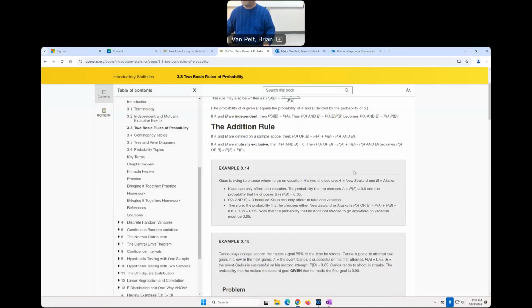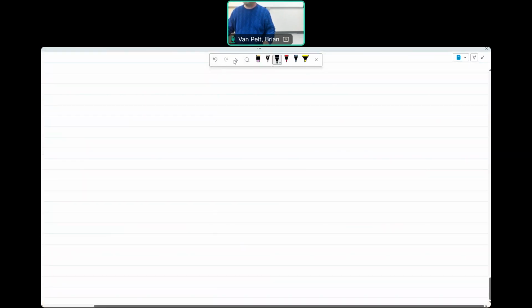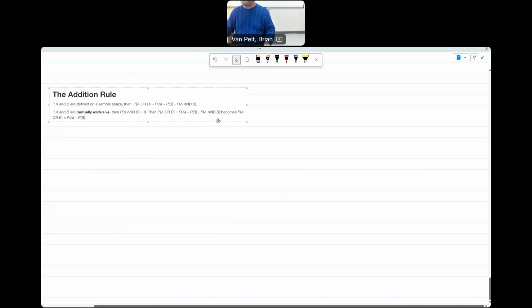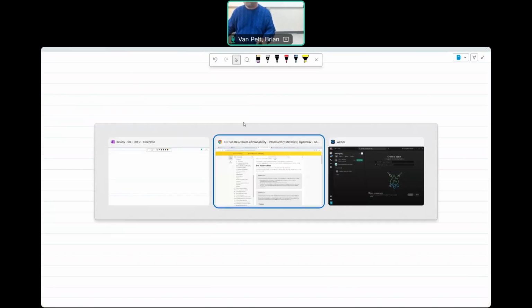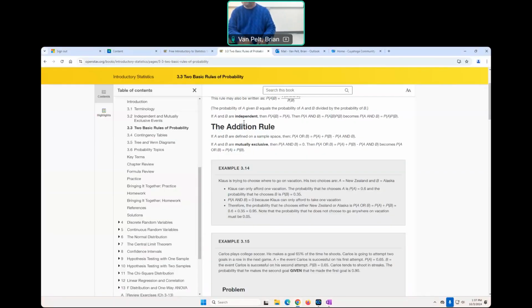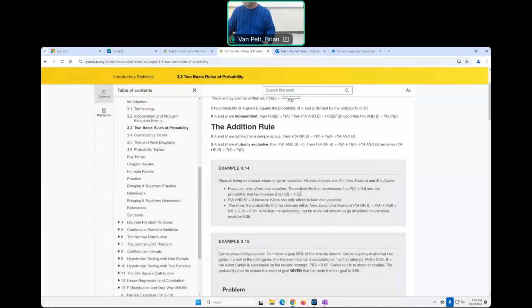The addition rule, we've done a bunch of those today. Let me put it up here. Personally, I wouldn't give it like they're doing. In fact, I'm going to delete that. I'm going to go back. I want a different part. I'm just going to do this one. You don't need the other formula.